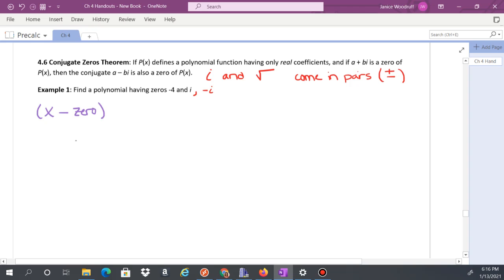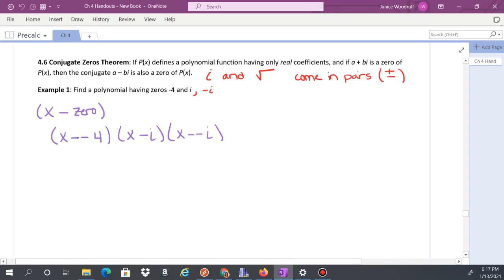So I've got x minus -4, x minus i, and x minus -i. And I'm going to multiply it out. This should be a third degree because I have 3 factors. However many factors you have, that's going to be the degree of the polynomial. So you're going to take these and multiply them out.